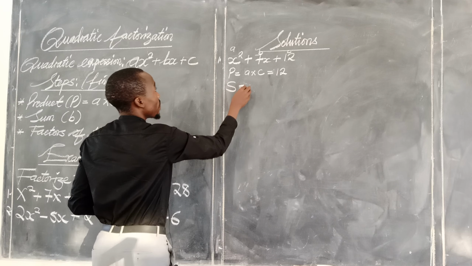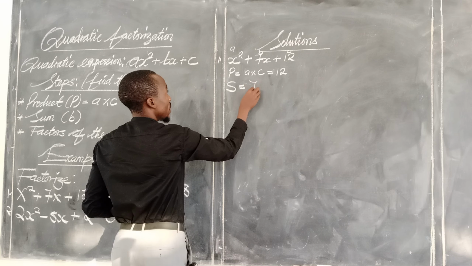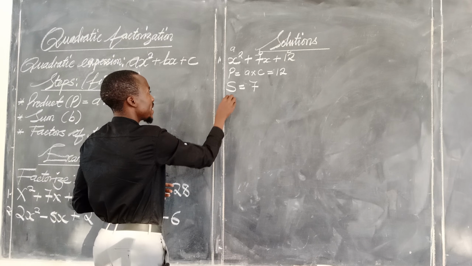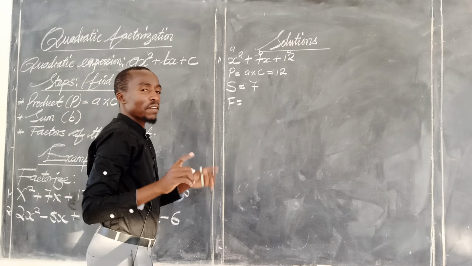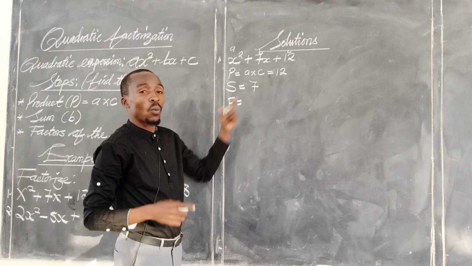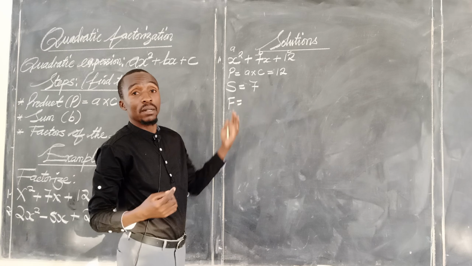Our sum is B, which is 7. After we do that, we find the factors of the product. The product is 12. What numbers can go into 12 without leaving a remainder?